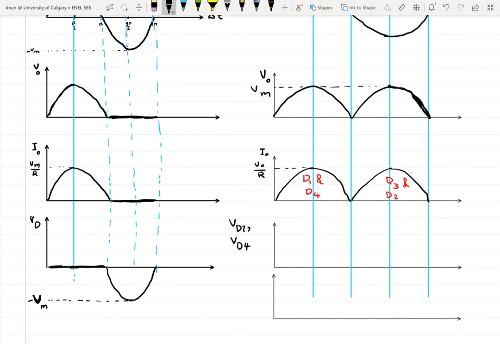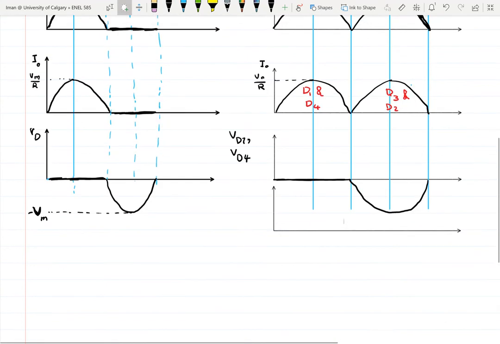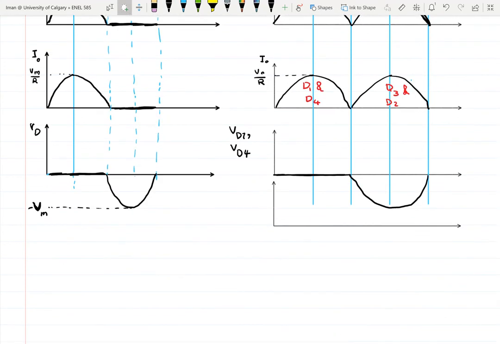Because in the first interval the diodes D1 and D4 conduct, the voltage would be 0, and when they don't conduct it will be minus Vs, something like this. Okay, and it will be kind of similar for D2 and D3 as well.